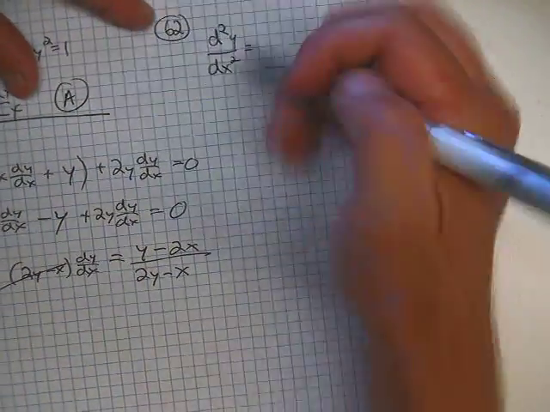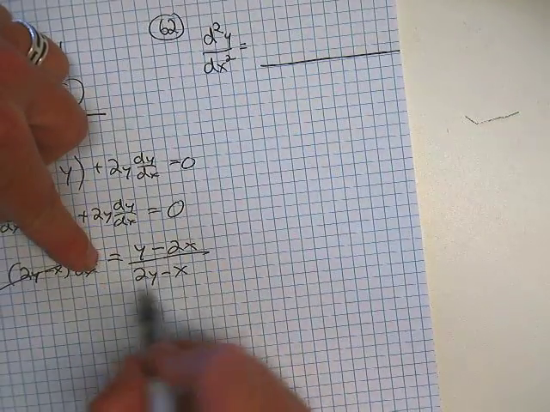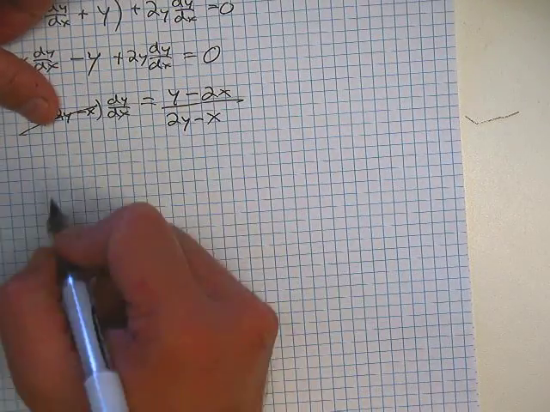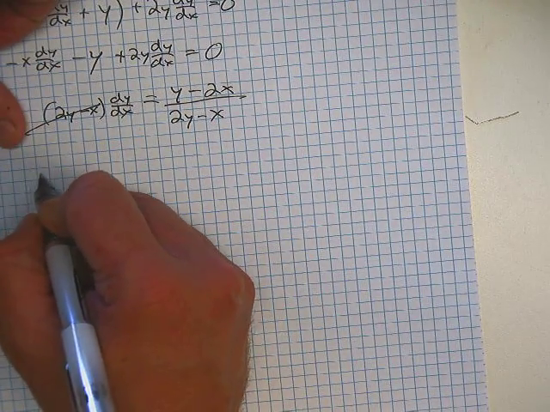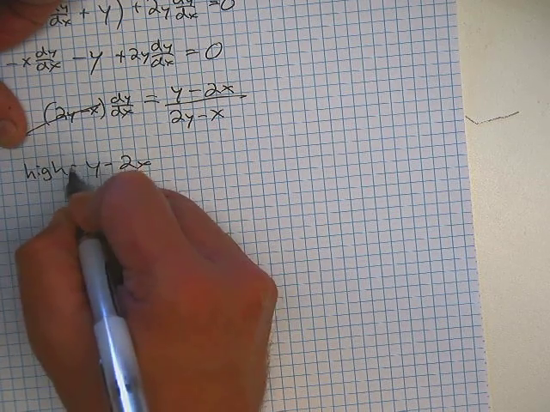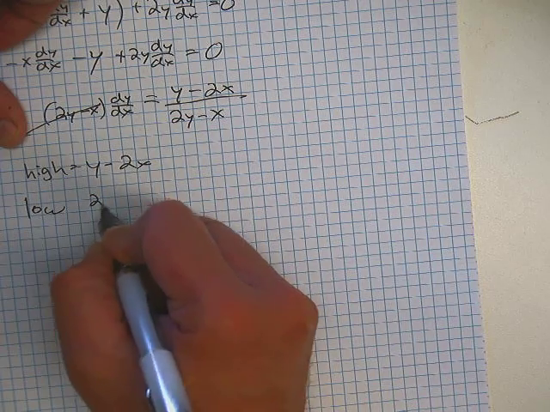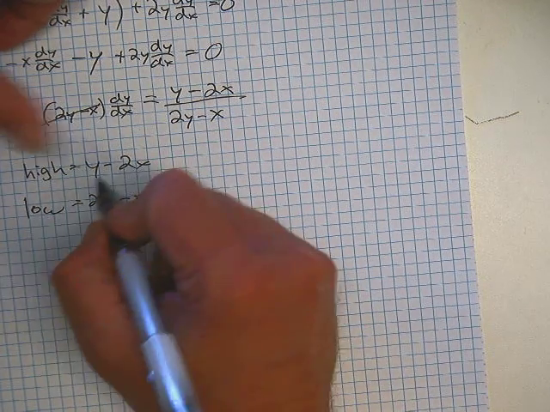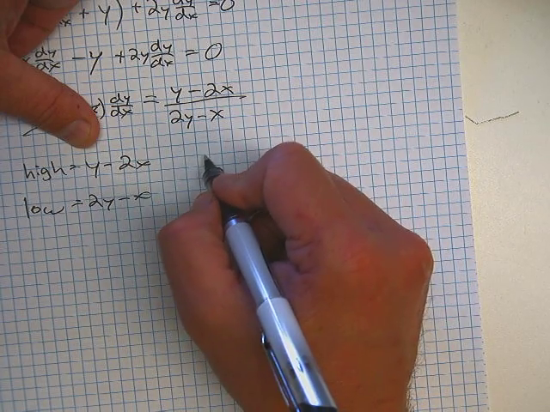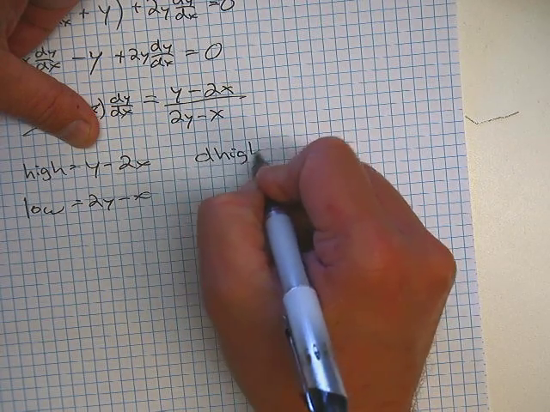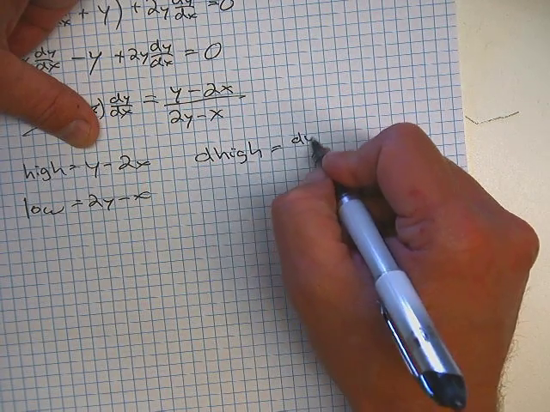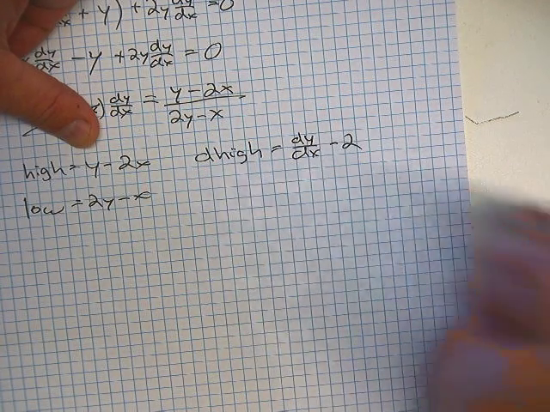Okay. Now we go to take the second derivative, which means we're going to have to do quotient rule, because we want to take the derivative of this. So we got our high is y minus 2x. Our low is 2y minus x. Okay, now we take this and take the derivative of that. D high is going to be the derivative of y is 1 dy/dx minus 2.